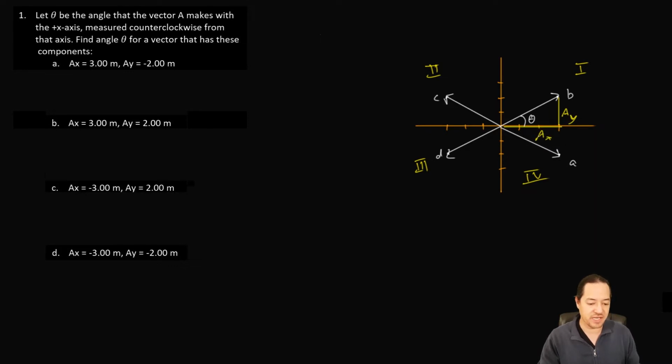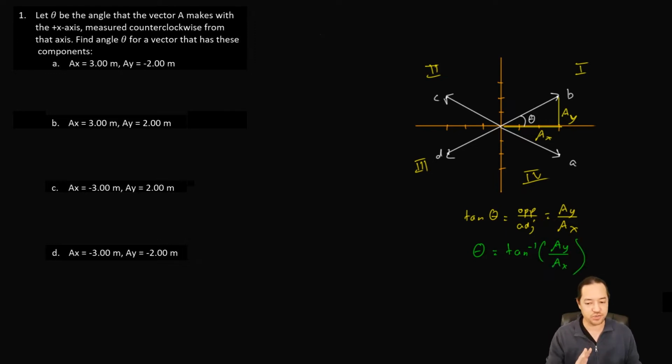And we can see that tangent of theta is going to be the opposite side over the adjacent, and so that's going to be A sub y over A sub x. And so we can write down a formula, and that formula is that theta is equal to the inverse tangent, or arctan, of A sub y over A sub x. This is the formula we're going to use to solve for theta on all 4 of these vectors.